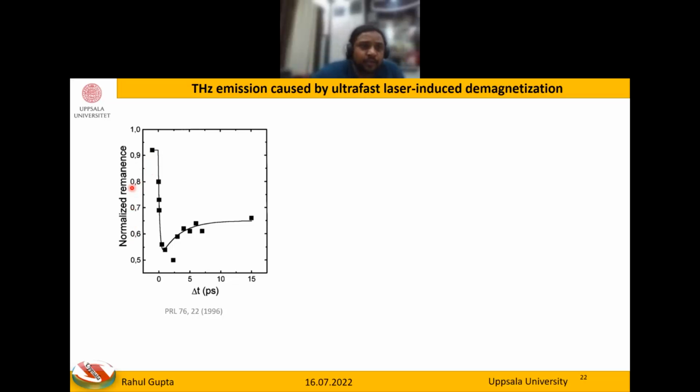So this is the change in the magnetization as a function of time when the femtosecond laser is incident on the nickel sample, and because of the laser incident, it brings demagnetization, and the time scale of this demagnetization lies in picoseconds, which tells that it can be a source of terahertz emitter.